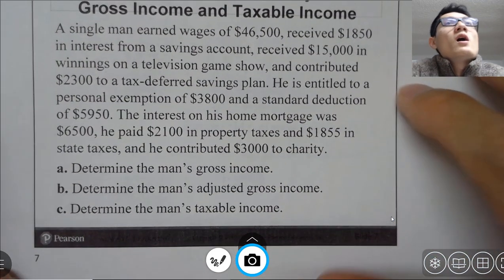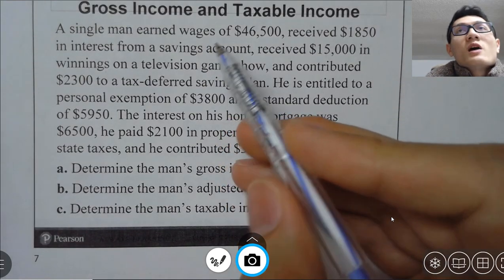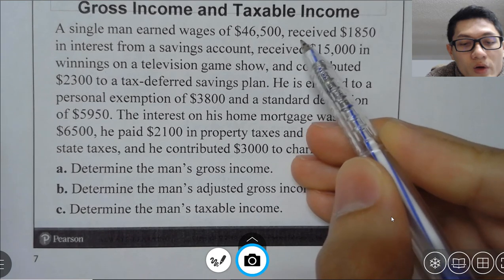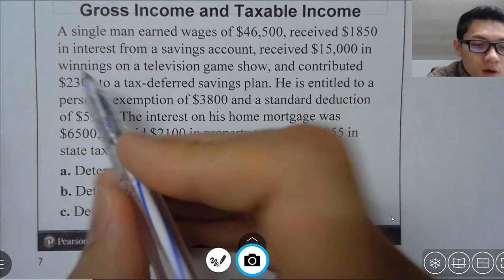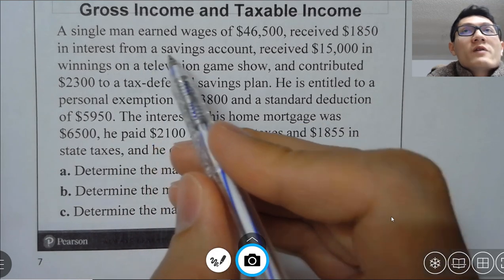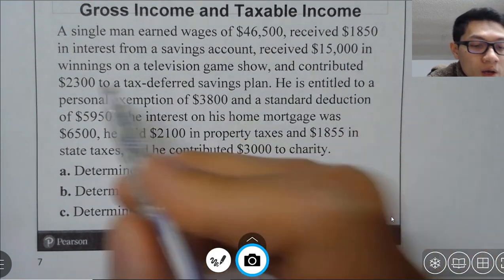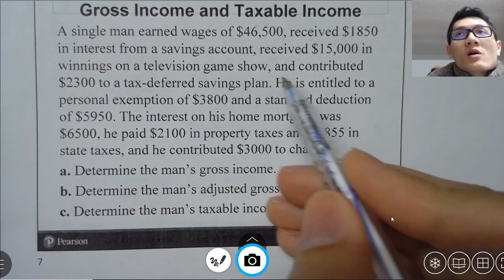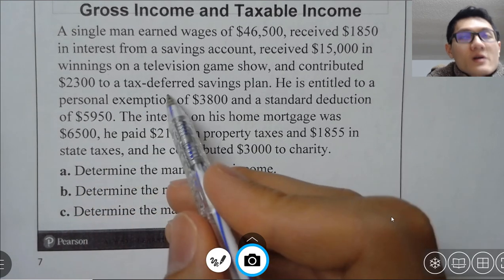A single man earned wages of $46,500, received $1,850 in interest from a savings account, and also received $15,000 in winnings on a television game show, and contributed $2,300 to a tax-deferred savings plan.